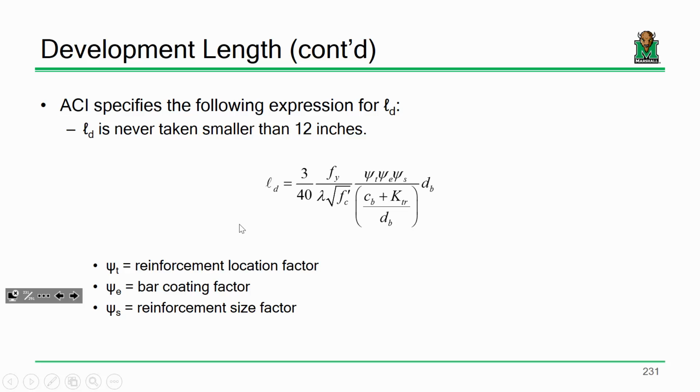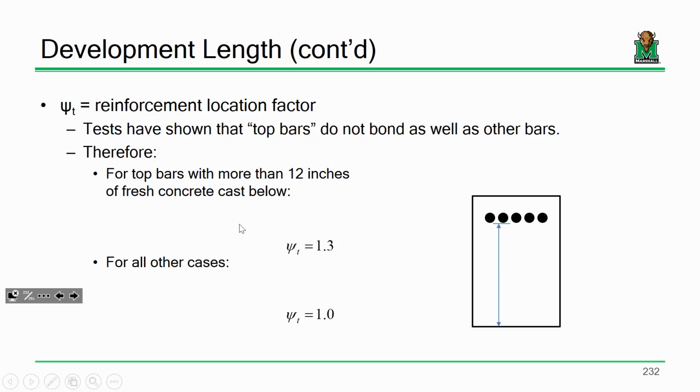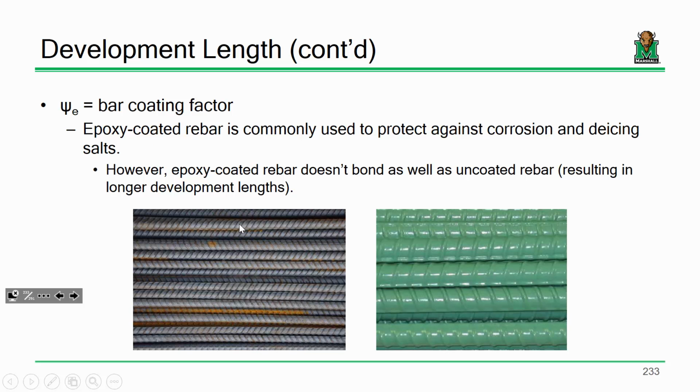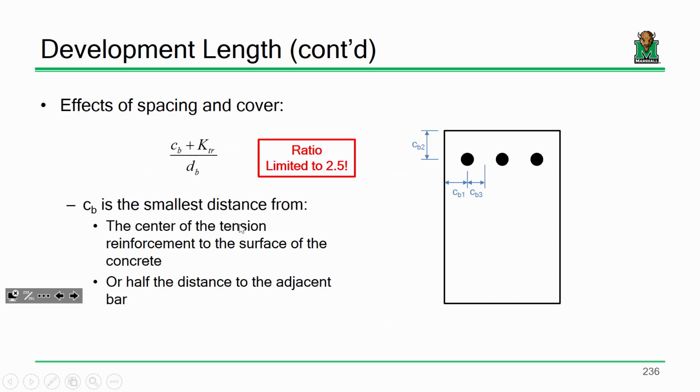How big are the bars, etc.? And we also have the spacing limits based on transverse reinforcement, how far apart that's spaced, distances to the edge of the beam for cover requirements, etc. So we have our reinforcement location factor, bar coating factor for epoxy coated bars, and reinforcement size factor. Pretty straightforward.